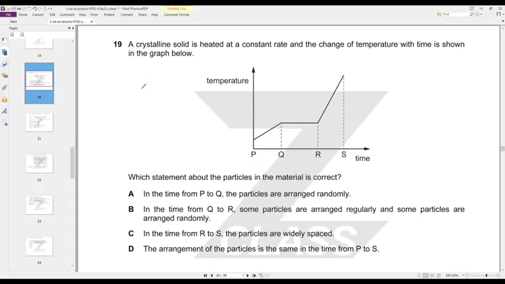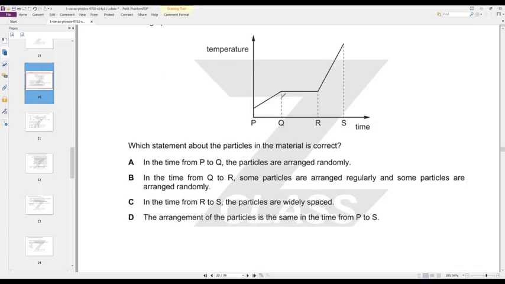Okay, a crystalline solid is heated at a constant rate, and the change of temperature with time is shown on the graph below. So, here is our phase transition. If we are heating and our temperature is not going up, that means we have latent heat and we're going through a phase transition.